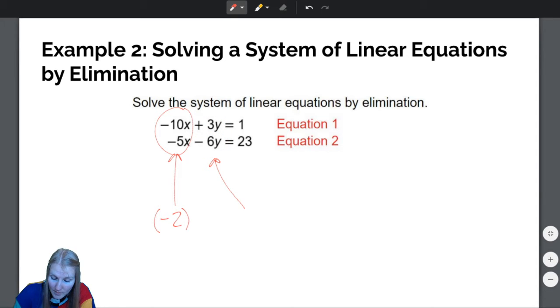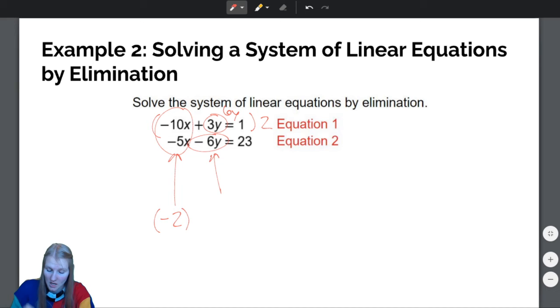So hey, if I multiply the first equation by positive 2, I will get positive 6y. And 6y is the opposite of negative 6y. So if I looked at the y's, I would only need to multiply the top equation by 2. The first one, I need to multiply the bottom equation by -2.